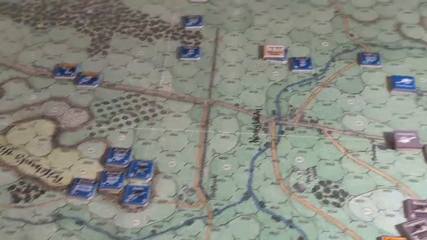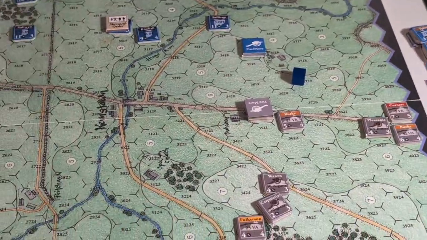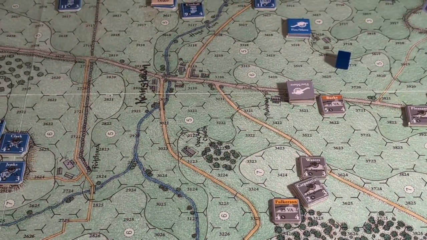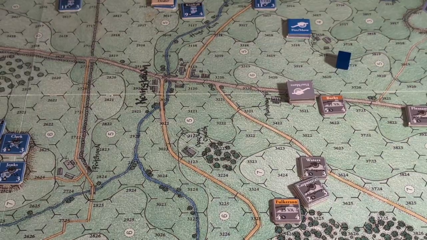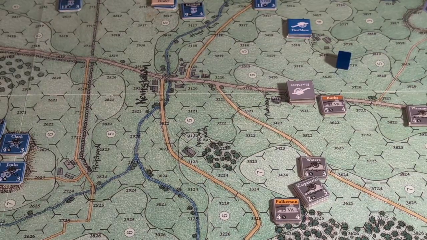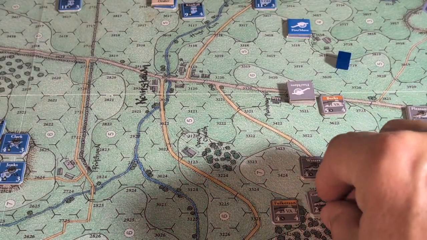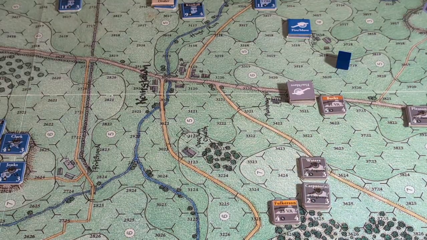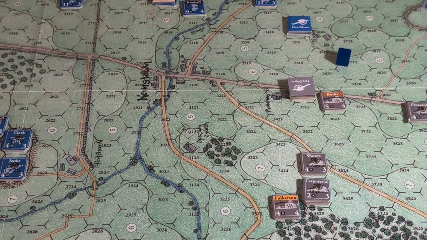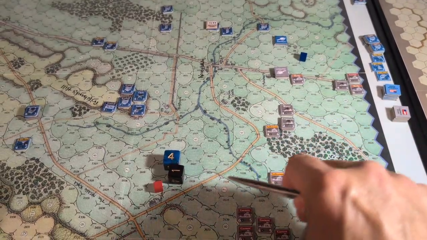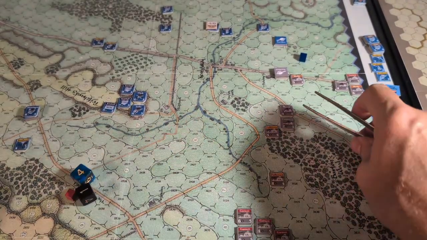All right. I'm going to move Walters. He's going to move over this direction.